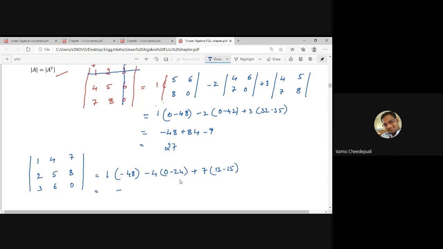Then my answer is minus 48, and here it is minus into minus, plus, it is 96. Yes, it is 96, and this is minus 3. Minus 3 into 7, minus 21.